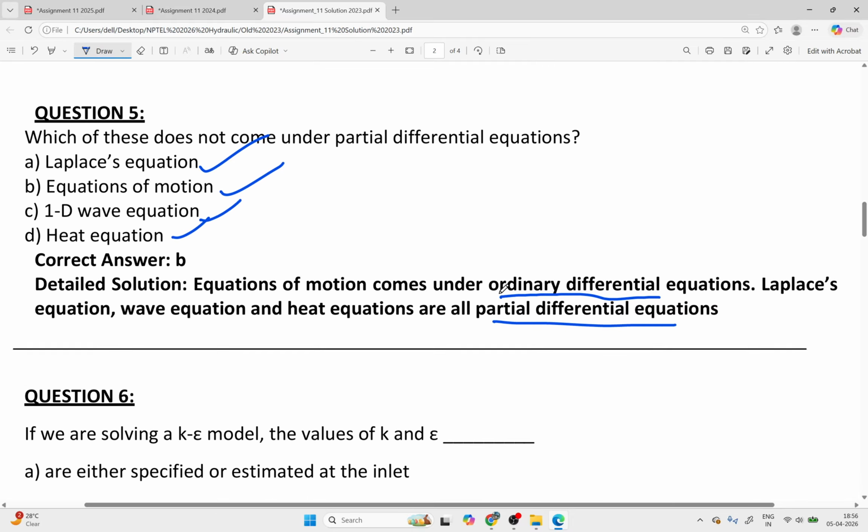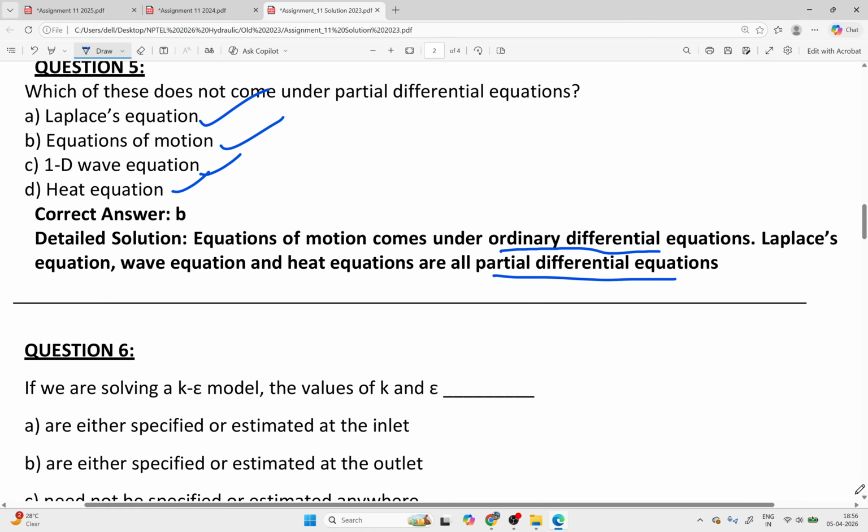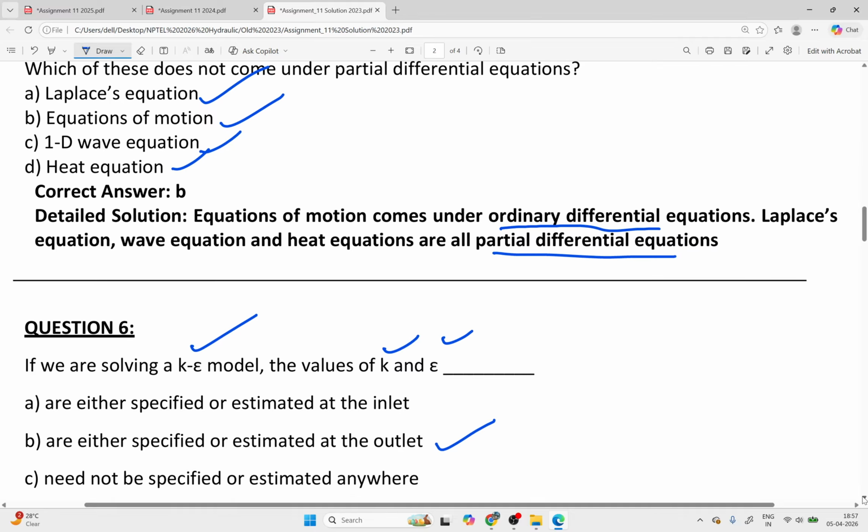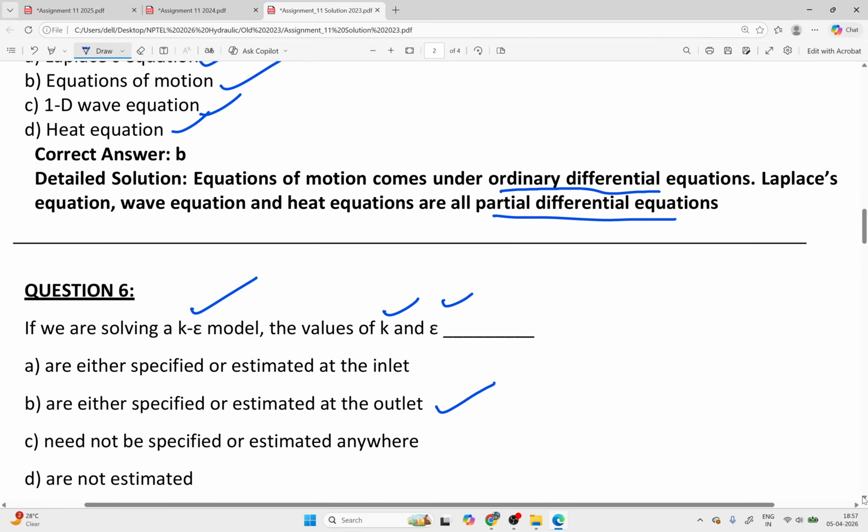Next question. I was discussing the same thing here. If we are solving the k-epsilon model, the values of k and epsilon are either specified or estimated at the inlet, specified or estimated at the outlet, need not be specified anywhere, or are not estimated.